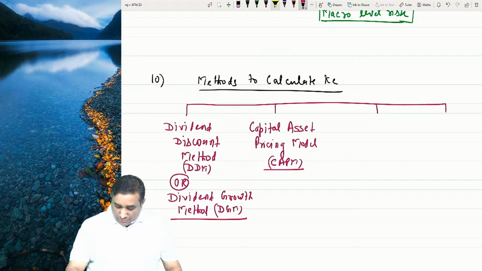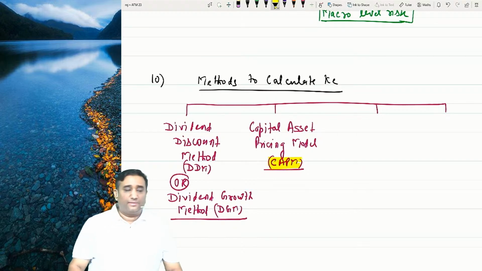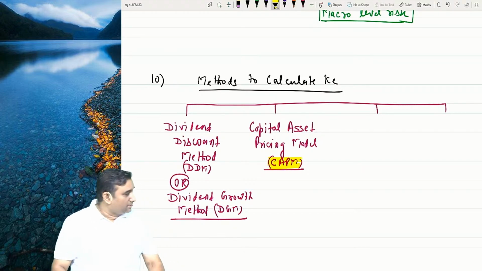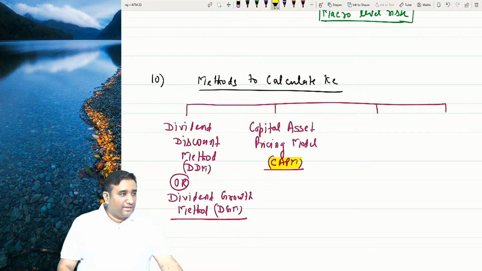The most used practical method, and maybe one of the only used practical methods. It's the most important practical method. This method has a lot of ingredients which will help us arrive at the cost of equity.